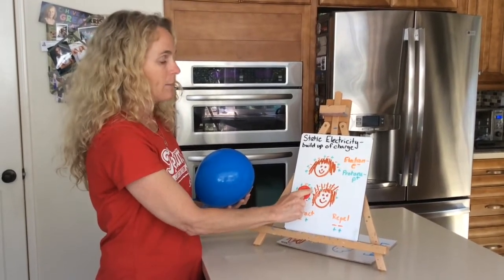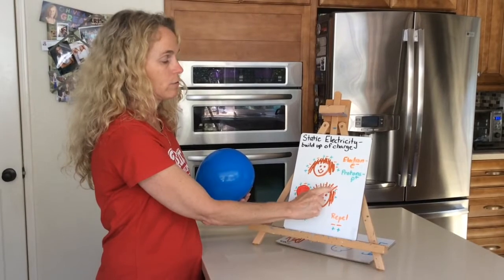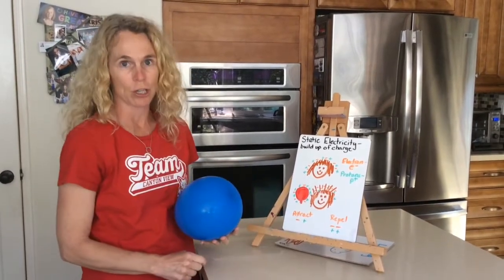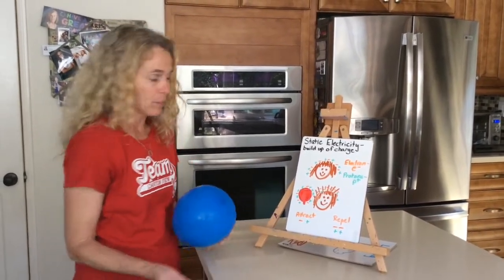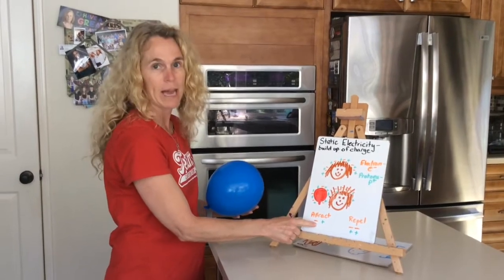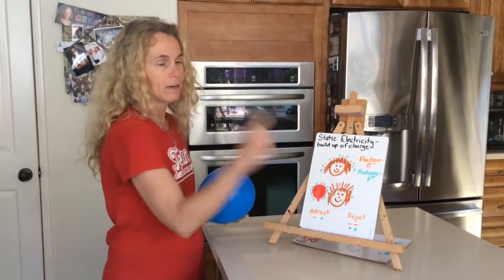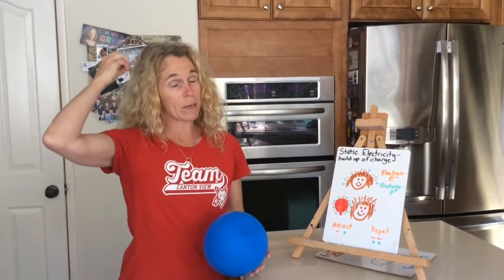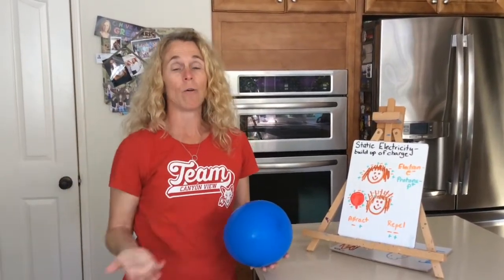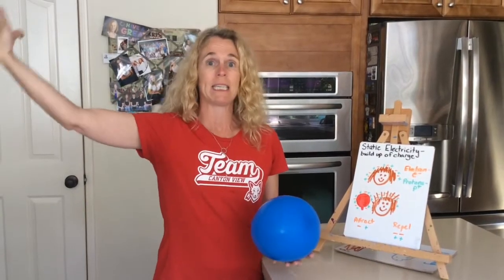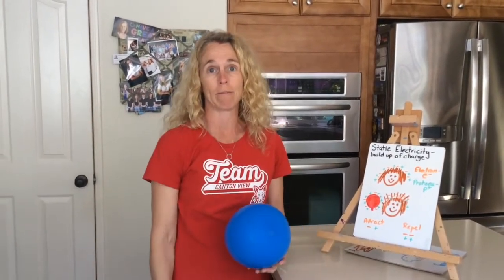And so your hair is overall negatively charged. And as you remember, opposites attract, like charges repel. So if you have more negative on your hair, it wants to repel each other, and the only way it can do that is to stand up and try to get as far away from each other as it can.